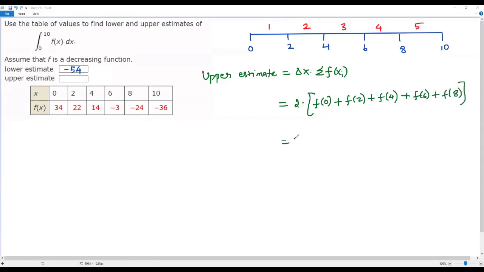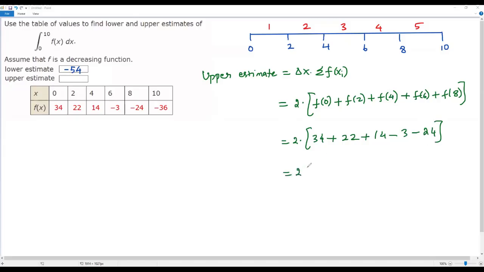Now 2 times f of 0. What is the value of f of 0? We get it from the table: when x equals 0, f of x is 34. And f of 2 is 22, f of 4 is 14, f of 6 is negative 3, and f of 8 is negative 24.